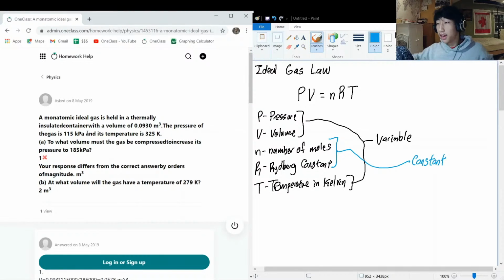And you can't be thermally isolated unless you are isolated in terms of volume as well. So like you can't be adding new things in there. Okay, so let's isolate all the constants. And then the variables should match up with each other.